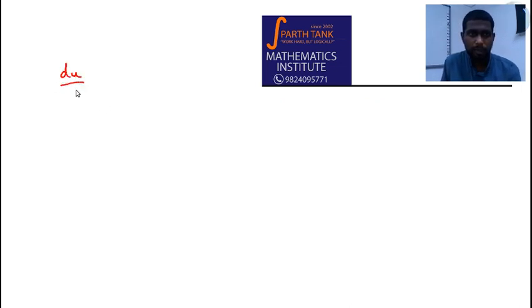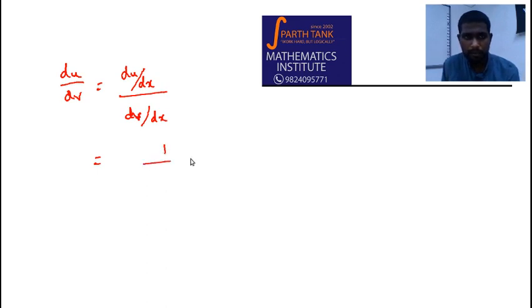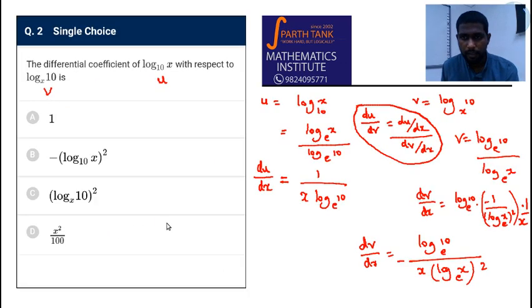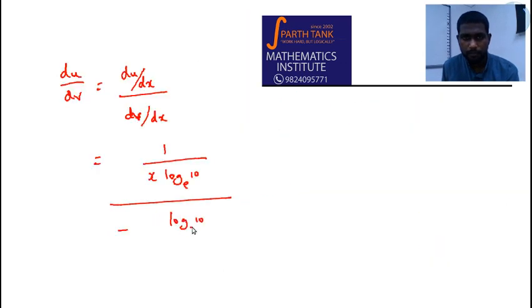So du by dv, which is nothing but du by dx upon dv by dx, is, let us see, the first one was 1 by x log 10 base e, and the second one is minus log 10 base e by x log of x base e the whole squared.